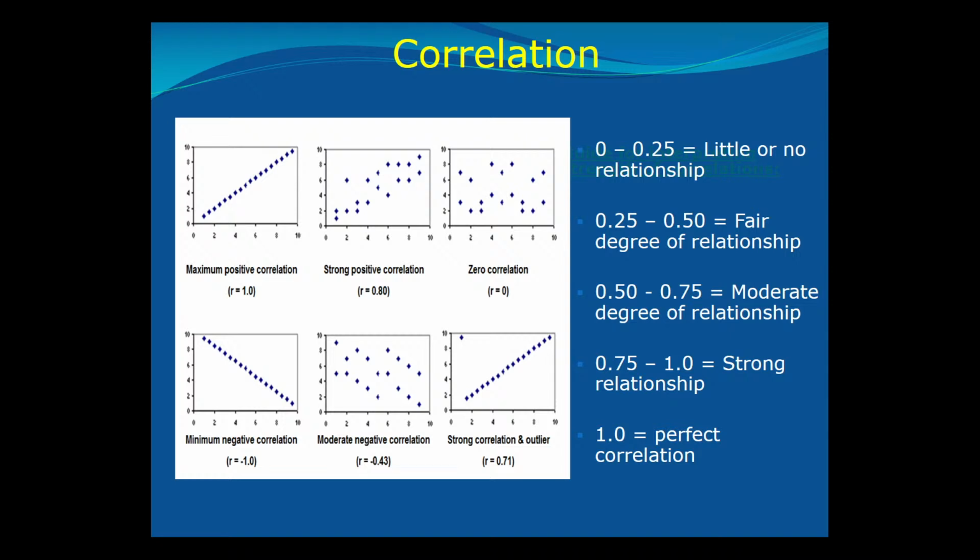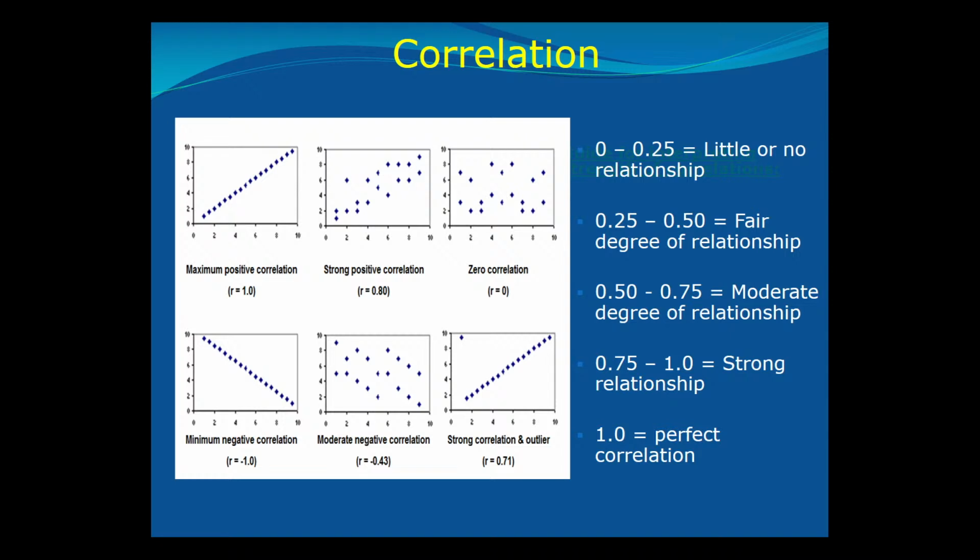So we can interpret correlation according to the direction. For positive sign, all points go upward; for negative sign, all points go downward.